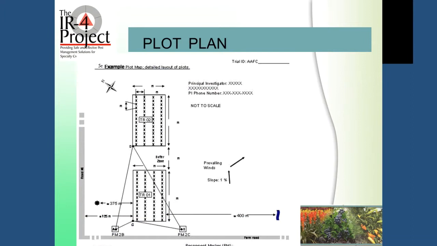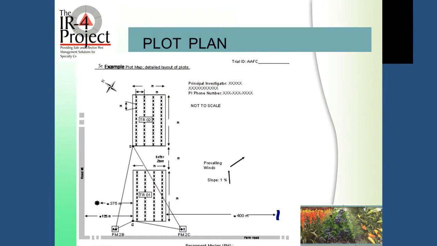And then also, these plots have to be marked. Not only markers on the plots themselves, but they also be compared to a permanent marker. A permanent marker may be something such as a building, could be a well, it could be a water source, it could be a telephone pole.